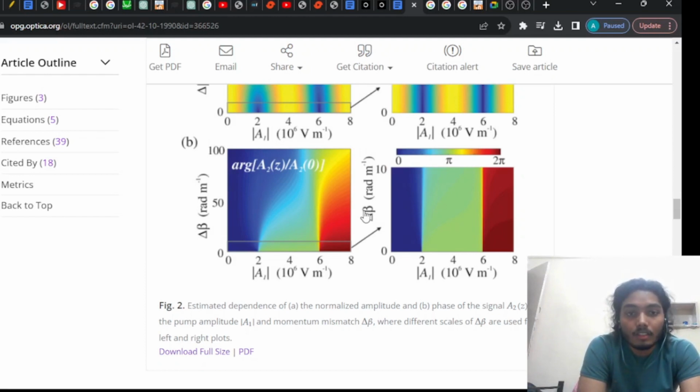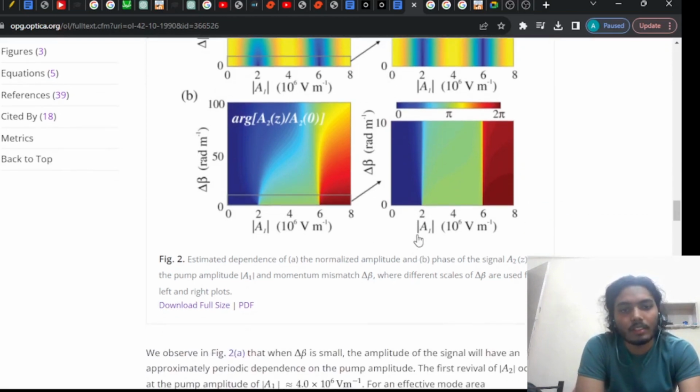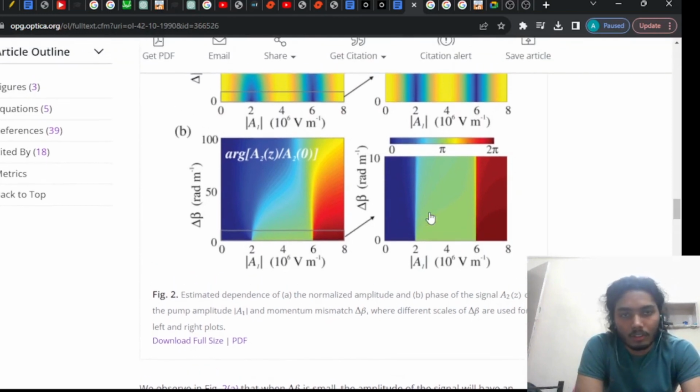The only thing we don't know is beta 1, which causes this big delta beta to vary, and this amplitude we don't know, just a strong pump, but we didn't explicitly put the value of this pump amplitude anywhere, so we are considering this as a parameter or a variable, and these are the plots.